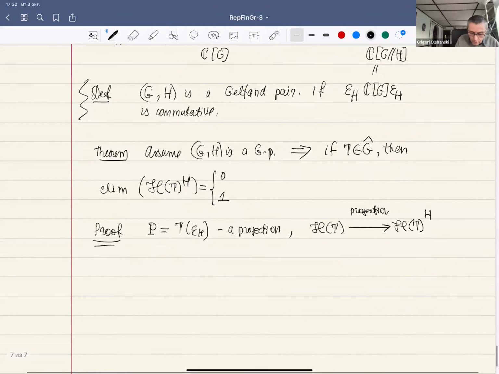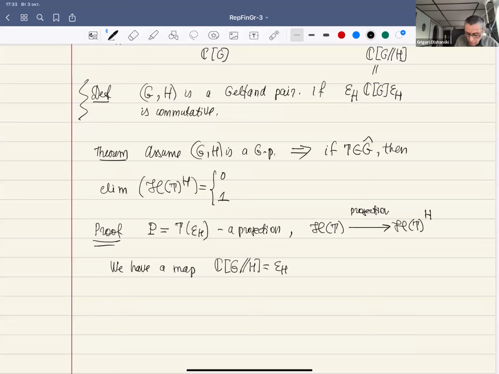So consider the map. We have a map of this algebra, which is the same as one, to the algebra of endomorphisms on this subspace.